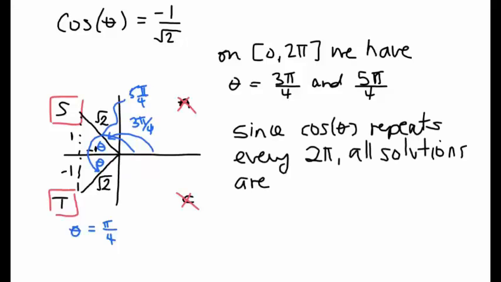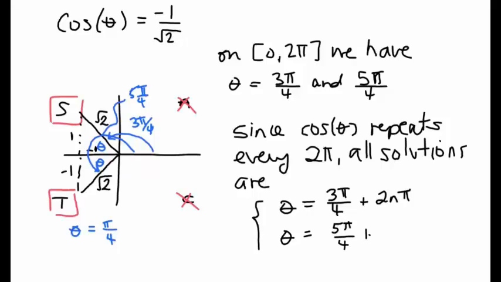And finally, we know that cosine of theta is going to repeat every 2 pi radians. So all solutions are going to be given by the following. Theta is equal to 3 pi by 4 plus 2n pi, and theta is also equal to 5 pi by 4 plus 2n pi. And of course, n here is any integer value.